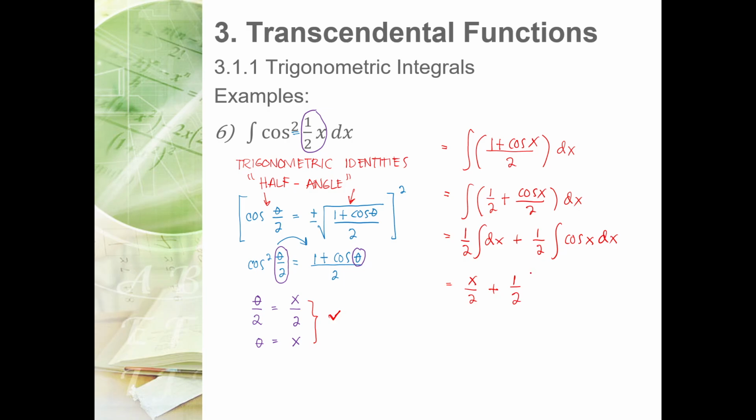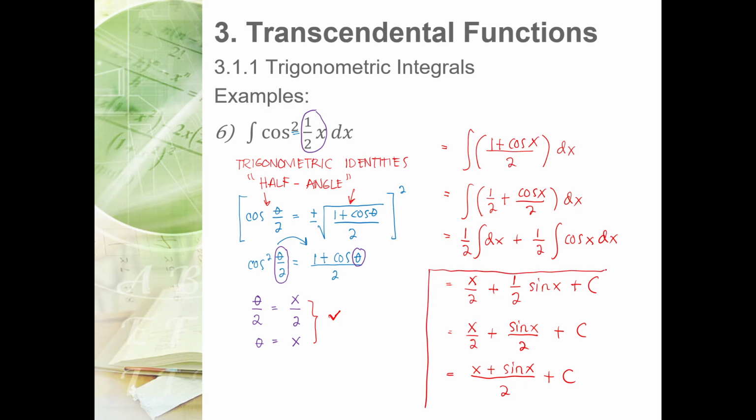The integral of cosine is sine x plus c. So the final answer is x all over 2 plus sine x over 2 plus c. Or if you want to combine them, x plus sine x all over 2 plus c. So any of the three answers are correct.